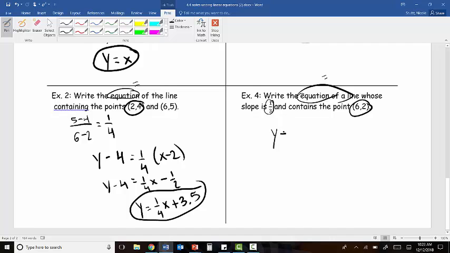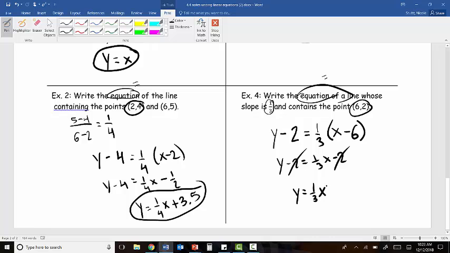So we're going to set up y minus, in this case, we're using 2 first, equals your slope, parentheses, x minus the x-coordinate of 6. And we're just going to solve that. So I get 1/3 x minus 2. Again, if I add 2 to both sides, they're both going to make 0. So I'm just going to write down 1/3 x. I usually don't write plus 0.